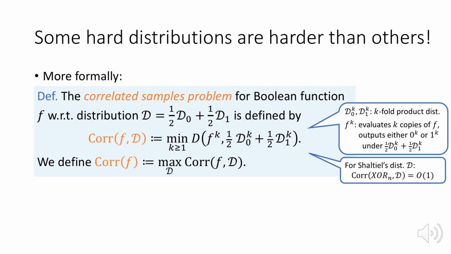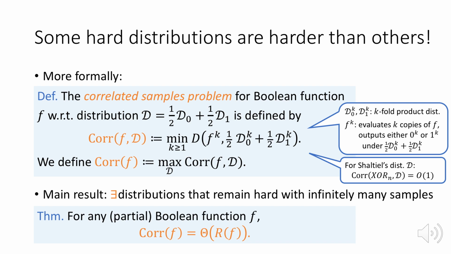We also define a distribution-free complexity measure, CORR of f, which is CORR of f and d maximized over all d. In other words, CORR of f is characterized by the hardest input distribution in the multiple sample setting. We can view CORR of f as a counterpart to R of f in the multiple sample setting.